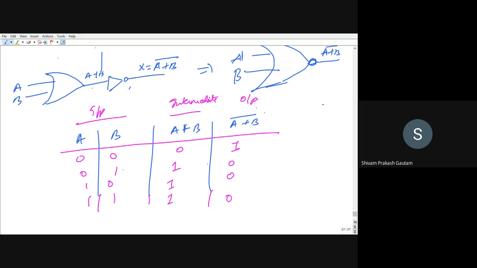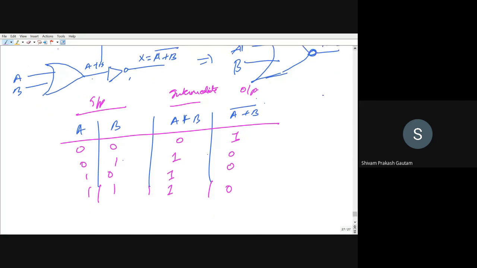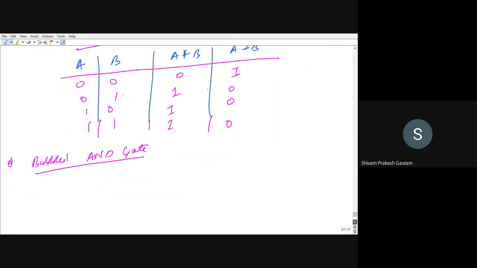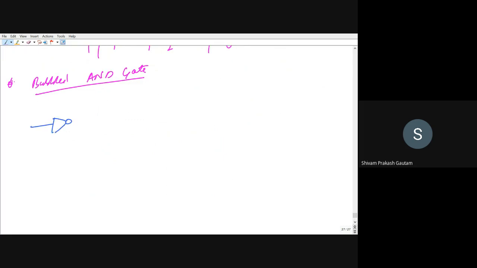Now we will see the bubbled AND gate. Like in the previous case, where we saw the bubbled OR gate after the NAND gate, here we will see the bubbled AND gate. Two inputs will be there again, each passed through a NOT gate, and the outputs of those two will be passed through an AND gate.